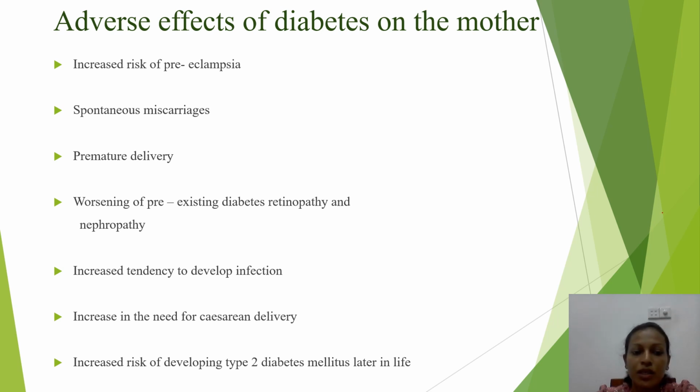A large baby is difficult to deliver vaginally because there is a big chance of shoulder dystocia, which is harmful for the baby's life. Therefore, many mothers have a cesarean section. Also, increased risk of developing type 2 diabetes mellitus later in life.